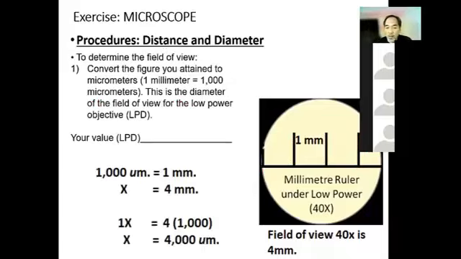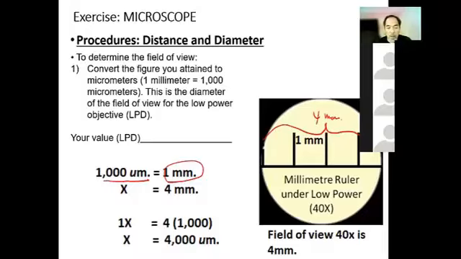Now let's make sure that we know that we usually use micrometers instead of millimeters. Remember, 1 millimeter is equivalent to 1,000 micrometers. Let's say this is 4 millimeters.